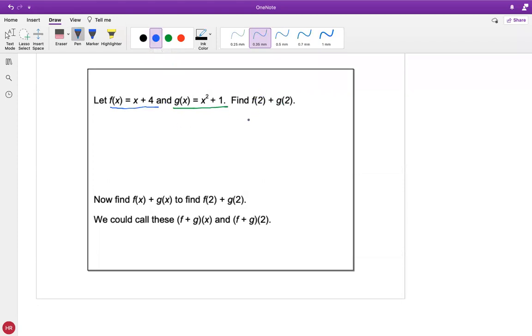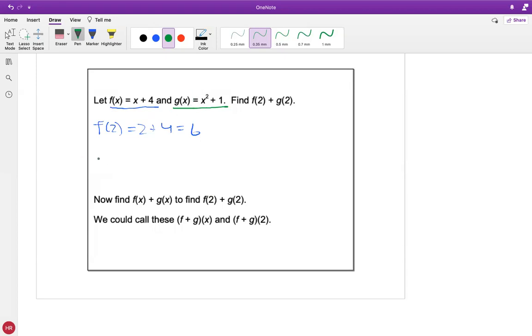f of 2 means you put a 2 in everywhere you see an x in the function f of x. So f of 2 would be 2 plus 4, which is 6, clearly. And then that's f of 2. For g of 2, I put a 2 for every x I see in the function g of x.